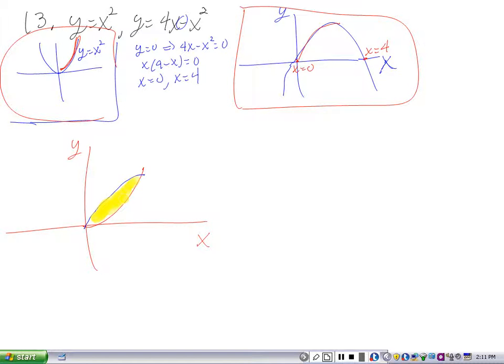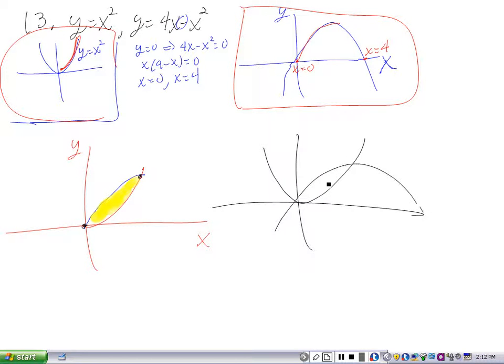And this guy is being rotated about the so-called x-axis. So let's see. I need to find out where these two graphs intersect. They intersect there and they intersect there. So basically you have one guy doing this and the other guy doing that. So we're looking at this region in there.